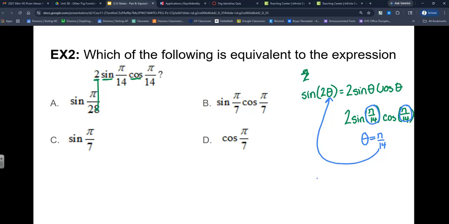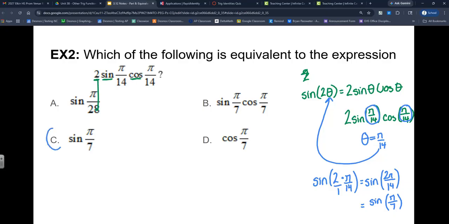So if I do that, I could write it like this, sine of 2 times pi over 14. And you'll notice that's not an answer choice, but if I make this a fraction by putting it over 1, then that is sine of 2 pi over 14, and 2 pi over 14 reduces to pi over 7.